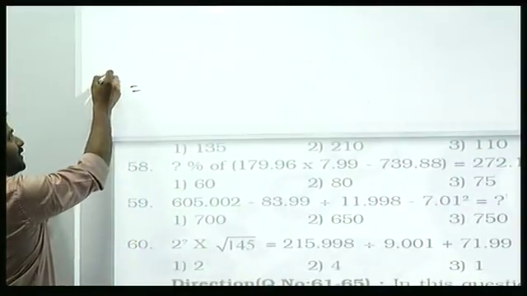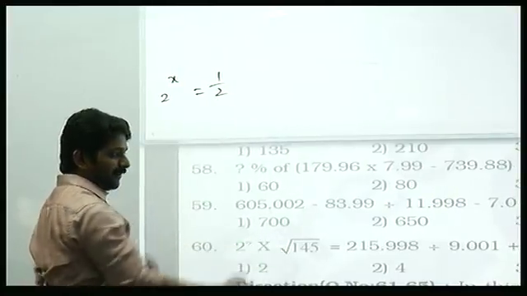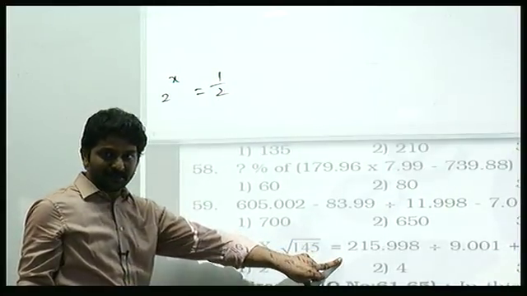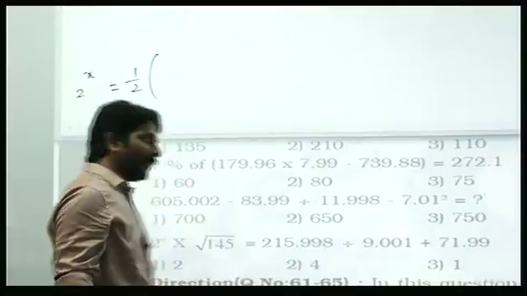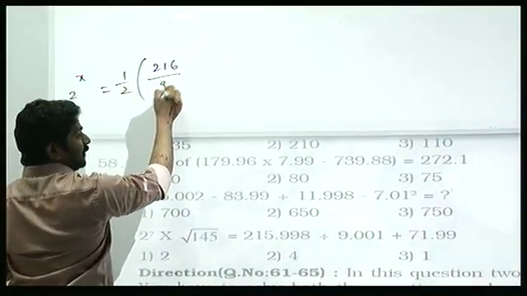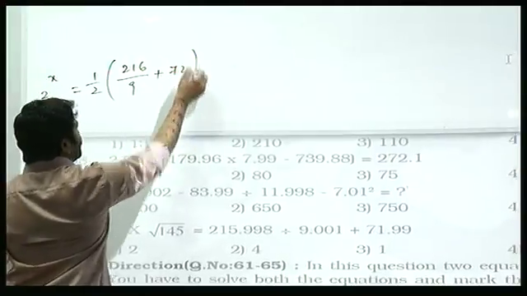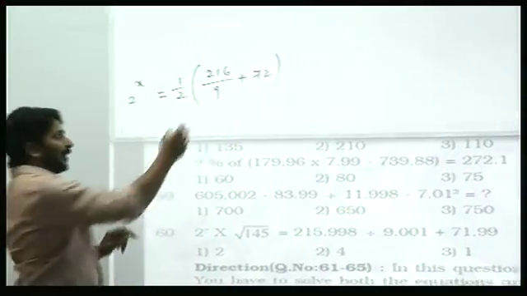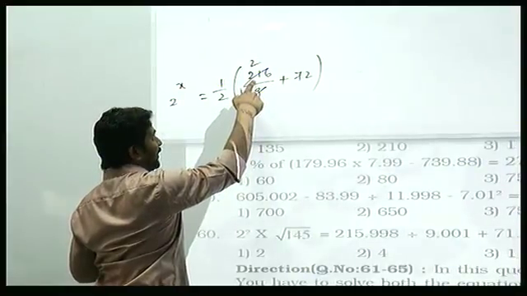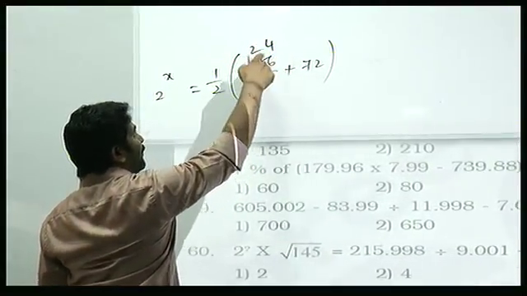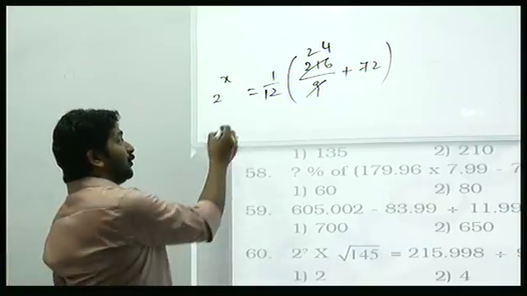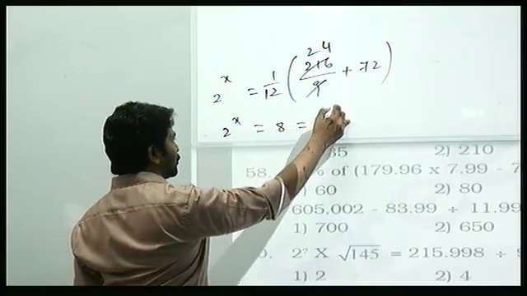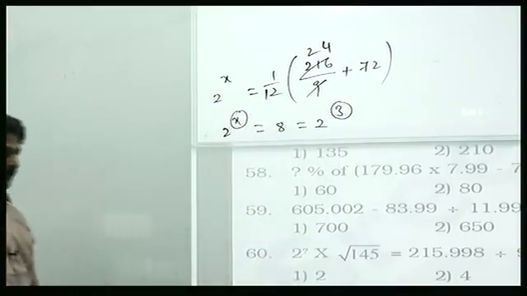So on the left hand side you have 2 to the power of x, and on the right hand side it becomes 1 by 12 of 216 divided by 9, plus 72. 216 divided by 9: 9 two times is 18, and then 4 times, that is 24. 24 plus 72 is 96. 96 by 12 is 8 times. 2 to the power of x is equal to 8, and you can write it as 2 to the power of 3. x is equal to 3. Right?